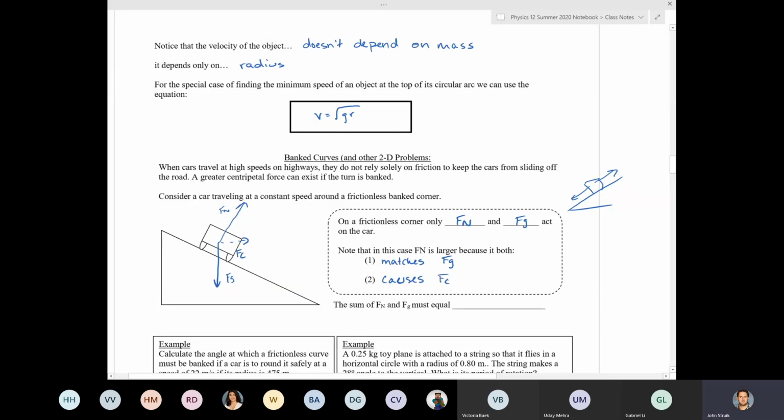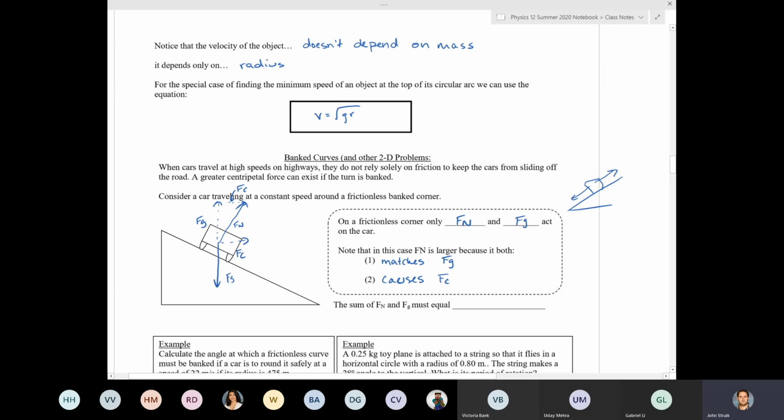So if your FC is going to the right, and FN is bigger, then if you break FN into components, you have this component right here, which is FG, and this component right here, which is FC.